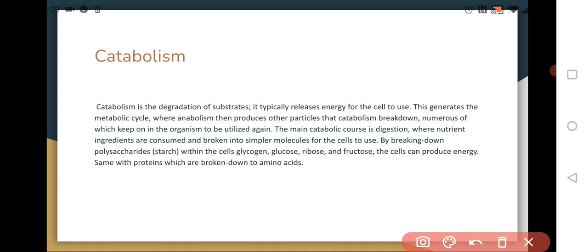Okay, and the main catabolic course is digestion. So in the digestion, we are breaking down the substances that we take in the food.